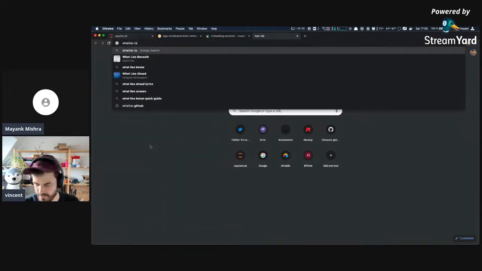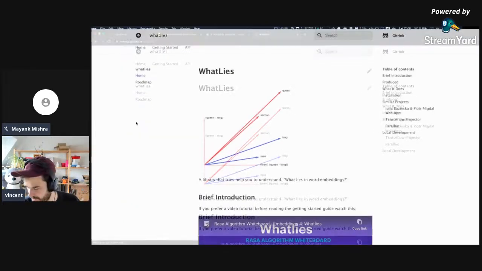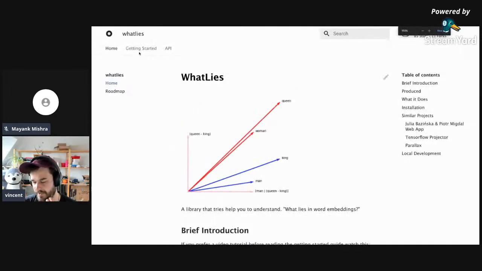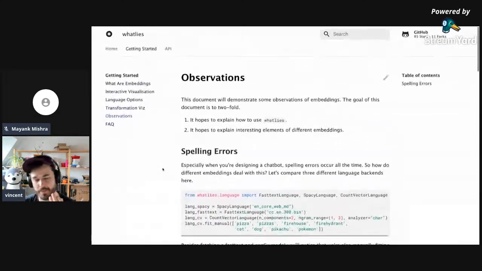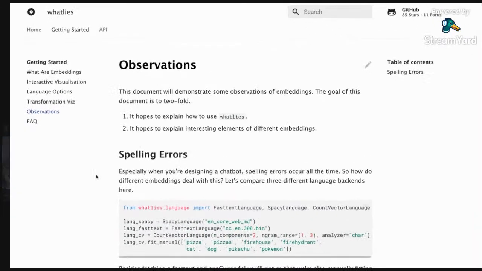Search for Rasa, and then you should see the documentation page, and there we go. One of the things I want to add to the documentation page itself is a bit more of these observations, just lessons that you can learn from, like, if you have this use case, which word embedding should you use? I want to research that a little bit and make sure that's properly documented.